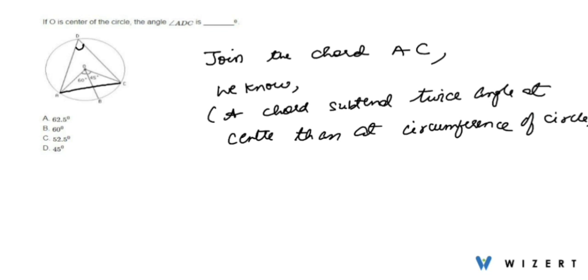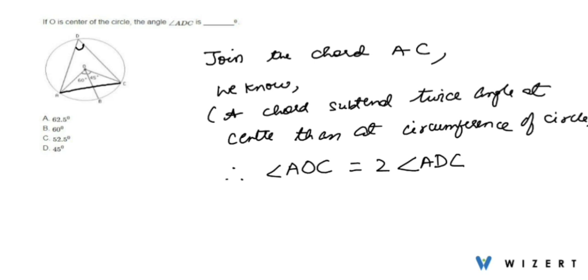So from here we can say that angle AOC, the central angle, is equal to twice the angle subtended at the circumference, that is ADC. We can see this chord AC is subtending angle AOC at the center and ADC at the circumference.